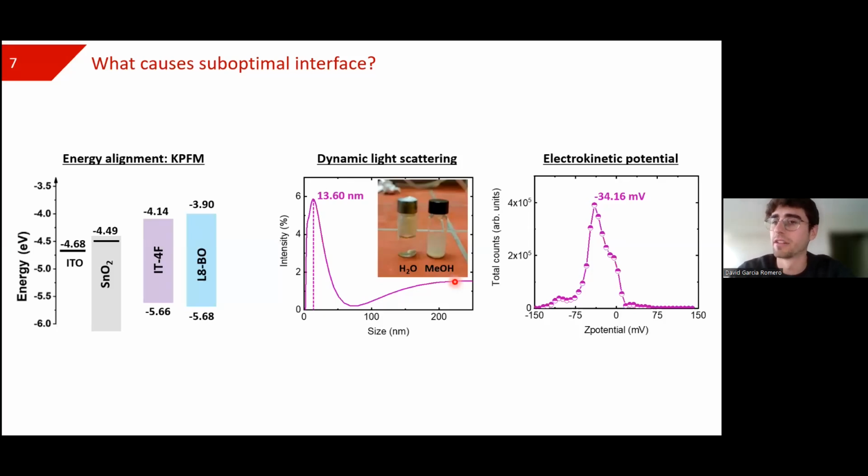This means that these surface ligands are really solvent sensitive and probably very strongly bonded to our nanoparticles. So we hypothesized that these ligands might still be present in our films.